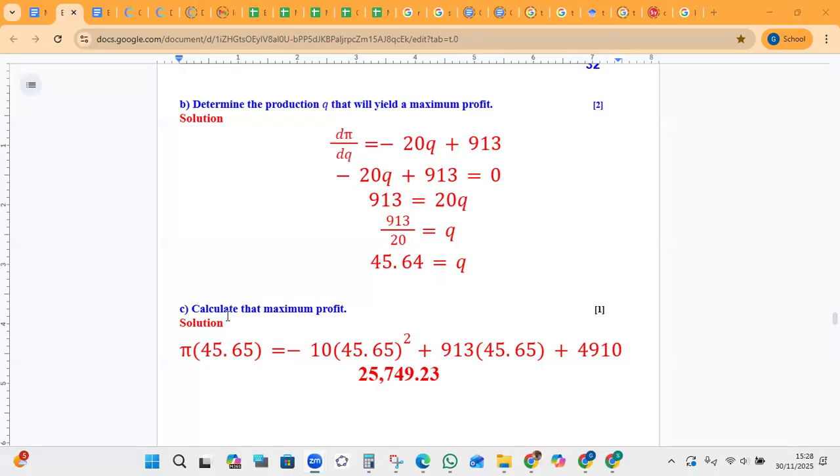Now, part C says to calculate that maximum profit. So we take that value of q and substitute it into the original profit function to calculate the actual profit when quantity is 45.7, and that will give us the maximum profit. So we go to the profit function. We know what the profit function is, we already obtained it via integration.